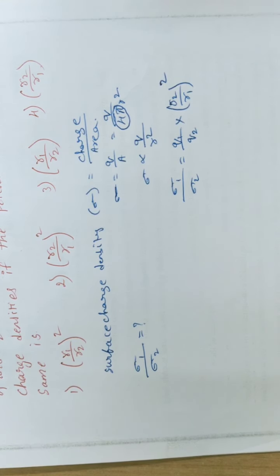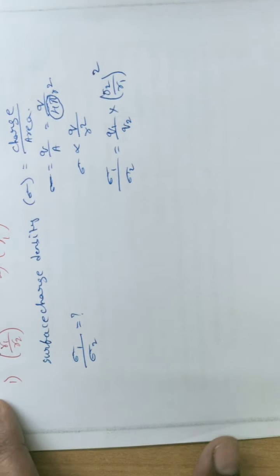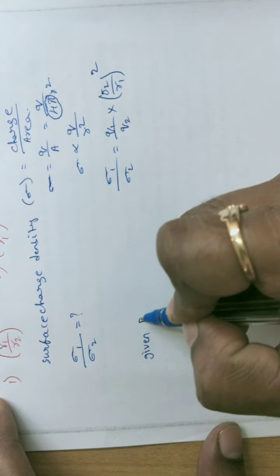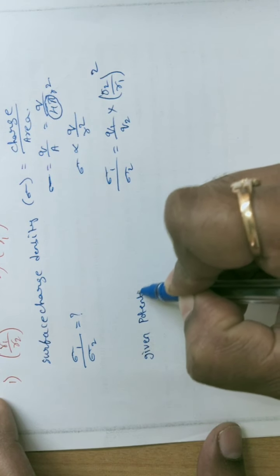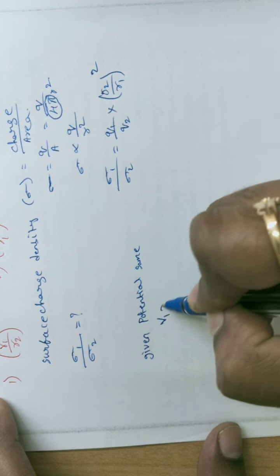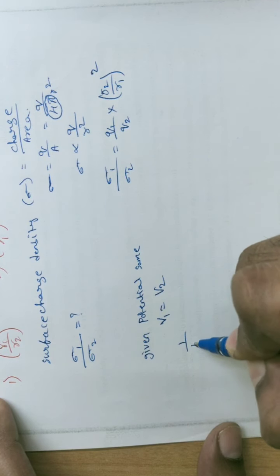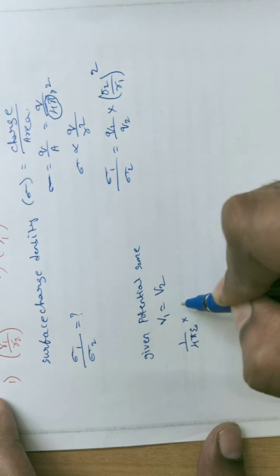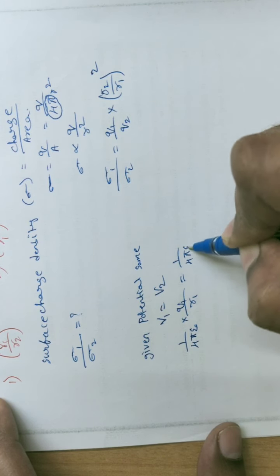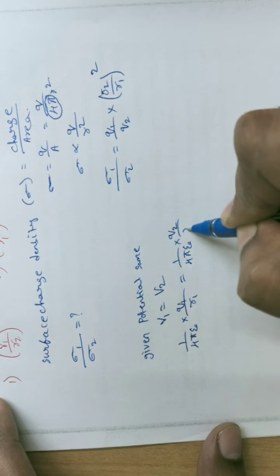That relation we have. But the condition given in the question is that the potential is the same, that is V1 is equal to V2. That is 1 by 4 pi epsilon naught into q1 divided by r1 is equal to 1 by 4 pi epsilon naught into q2 by r2.